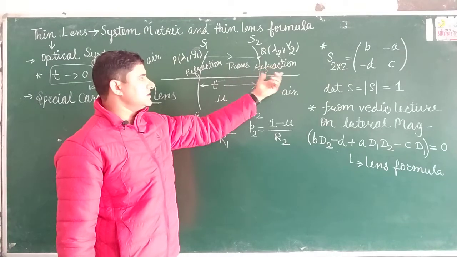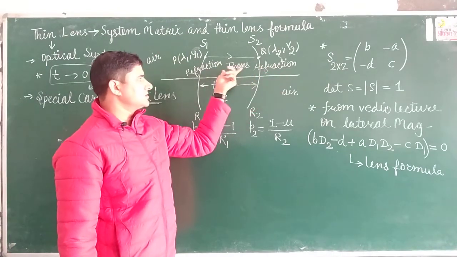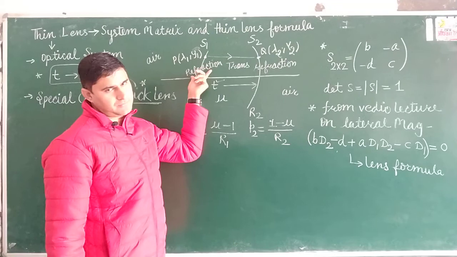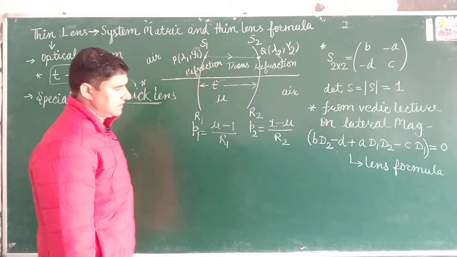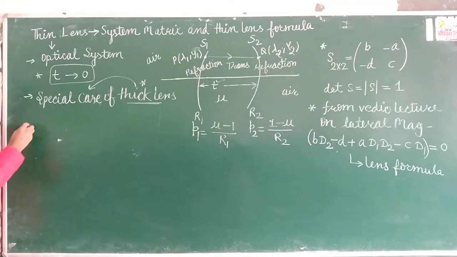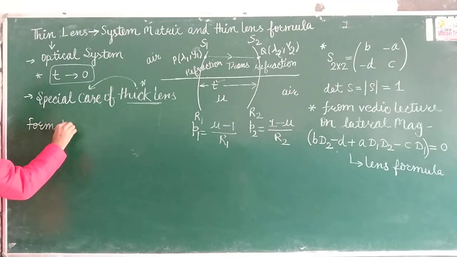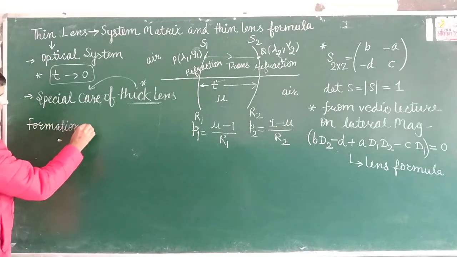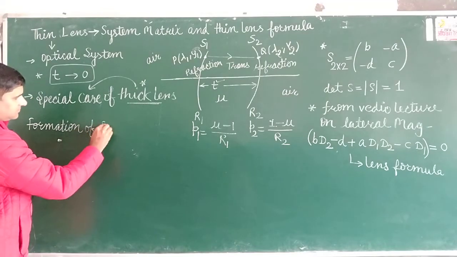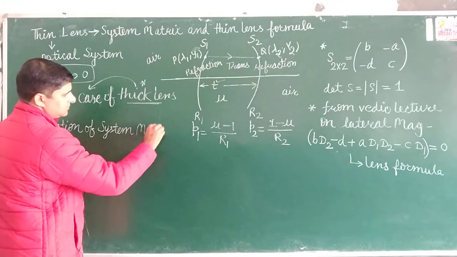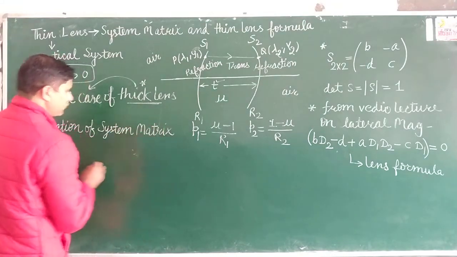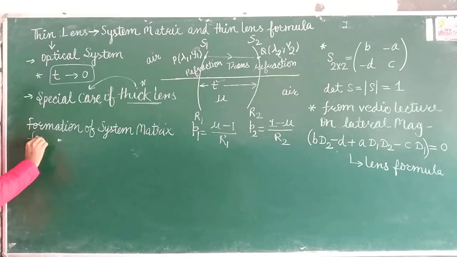We will multiply these three matrices: the refraction matrix, the translation matrix, and again the refraction matrix, to obtain the system matrix for this thick lens. So now we will form the system matrix for the thick lens.